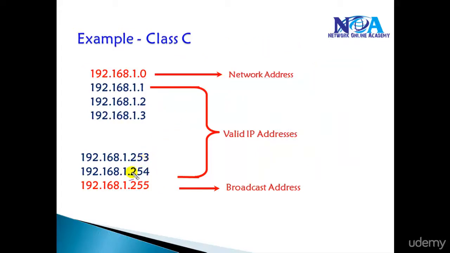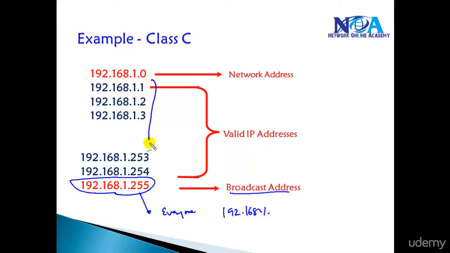In a similar way, we cannot even use the last address of the range, and we call it a broadcast address. When we say broadcast, it means if you have anything to send to everyone within the network, let's say I want to send some information to all the devices within this network, we just use the last address of the range. We call it a broadcast ID or the broadcast address.